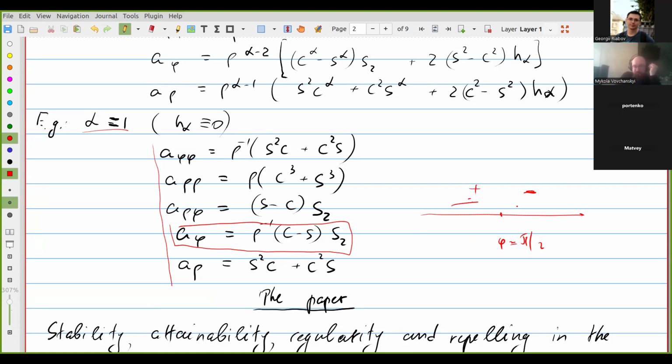So it kind of pushes here for lower phi and pushes here for higher phi. So this actually might mean that this point is stable in some sense, that triple collision might happen.